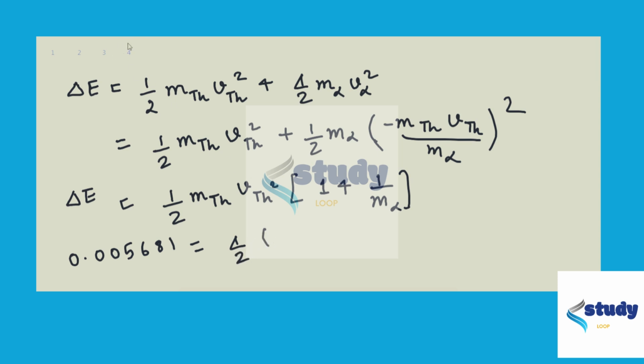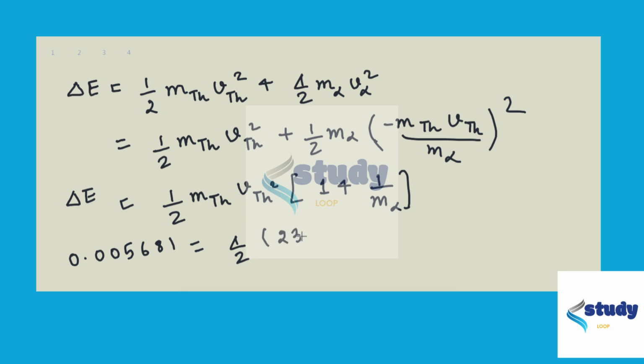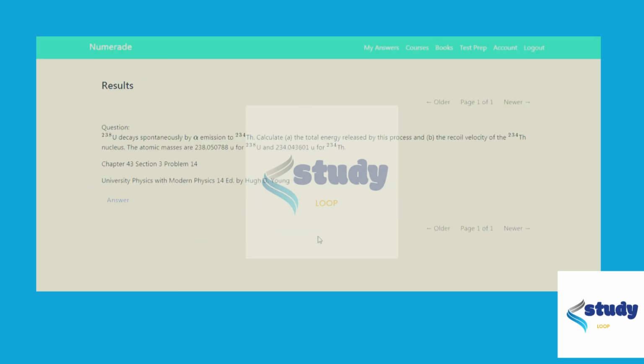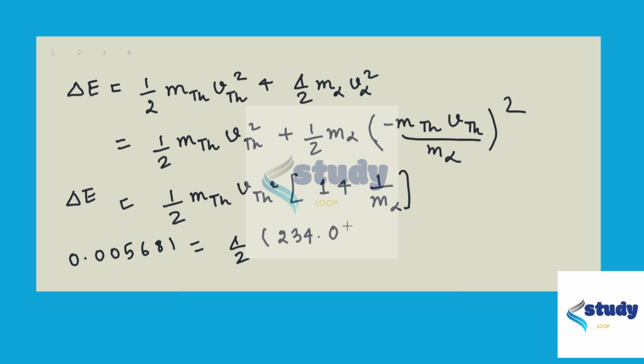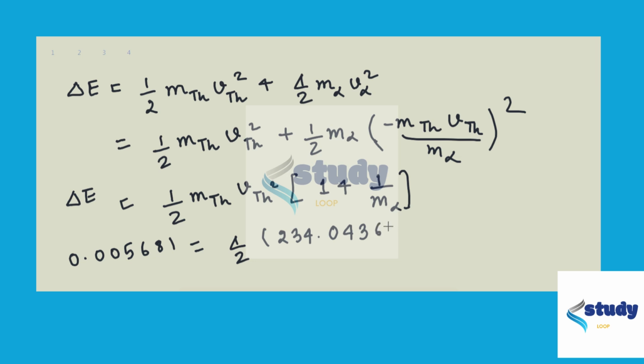How much is the mass of thorium? That is 234.043601, right?